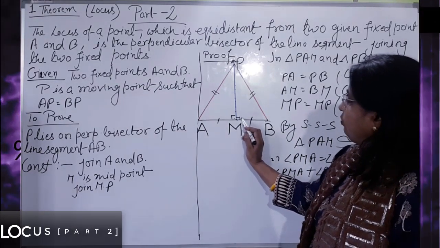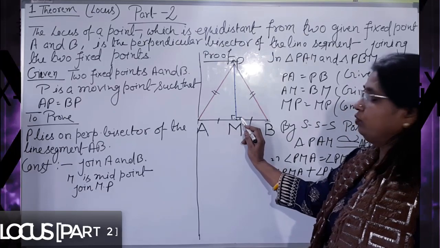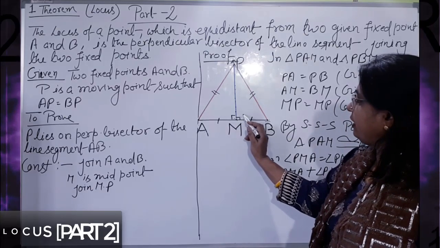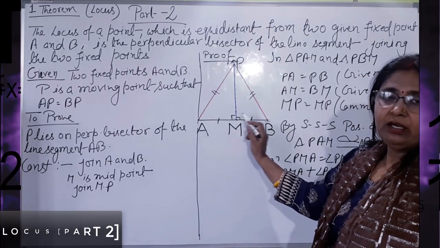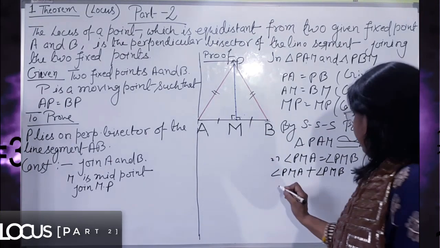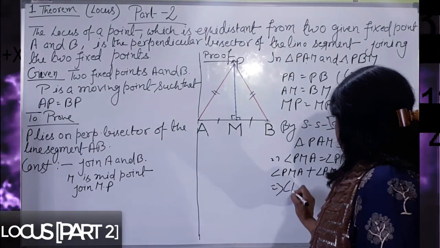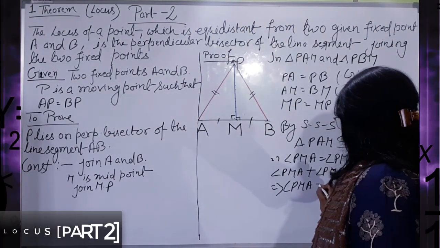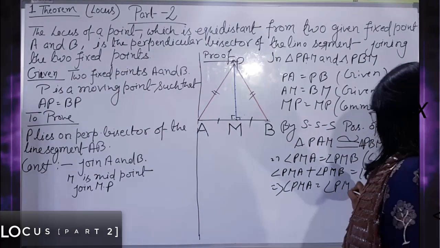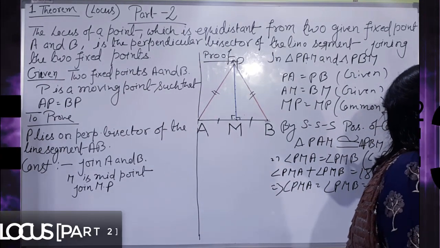If this angle is equal to this one and the sum of both is 180, it means both are 90 degrees. Implies angle PMA is equal to angle PMB is equal to 90 degrees.